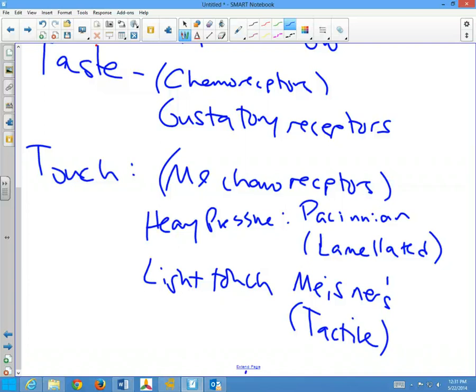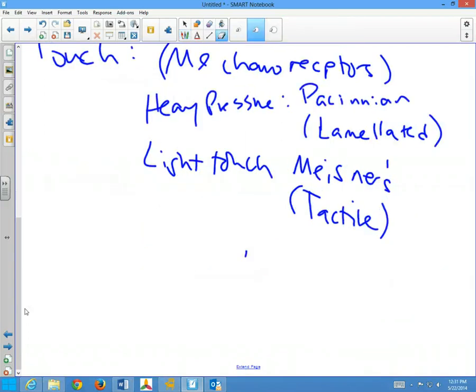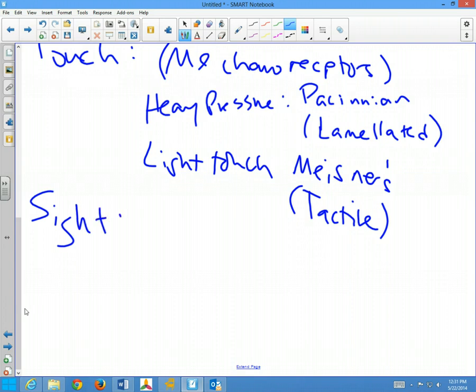Last but not least, what are we missing? The sight. What are the sight receptors? The cones and rods. You got it. What kind of cells are these? They're photoreceptors.